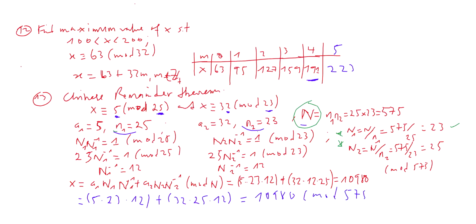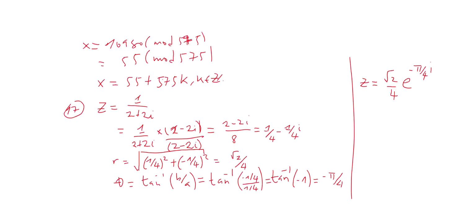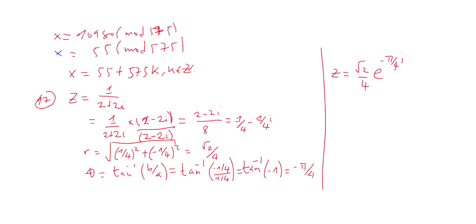So x is equal to 10,980 modulo 575, which is the same as x is equal to 55 modulo 575. And this gives us our final solution.